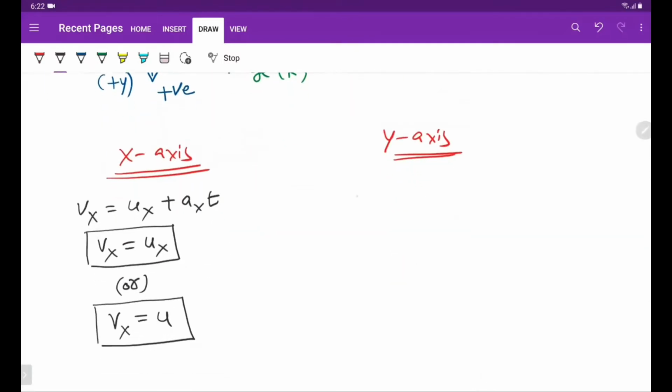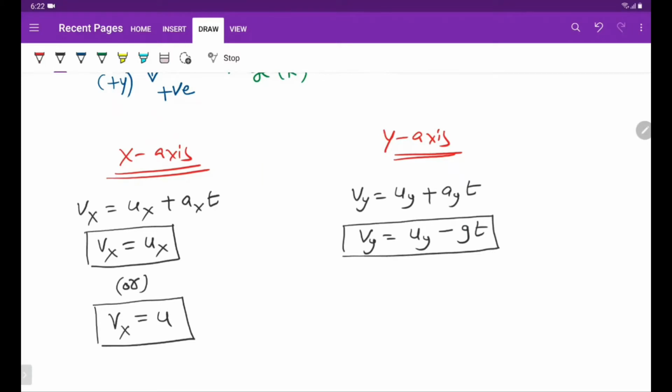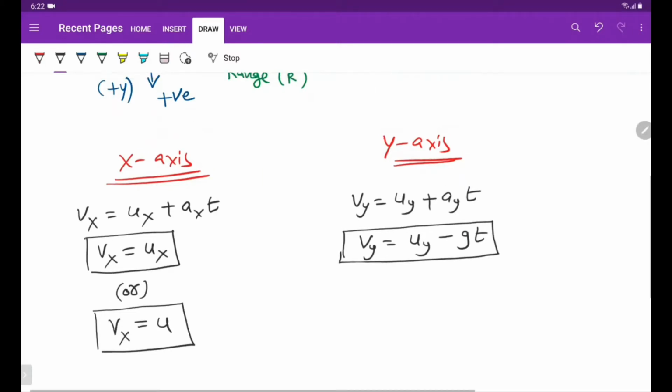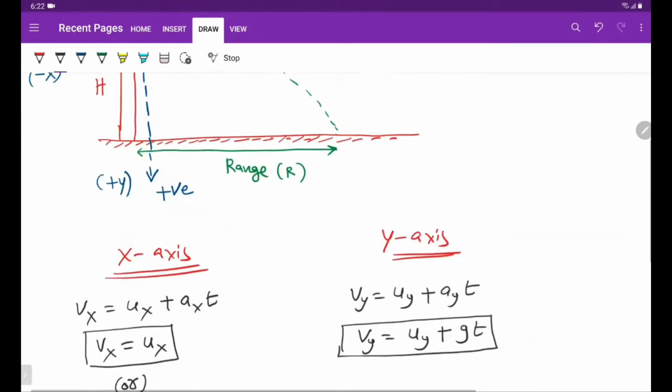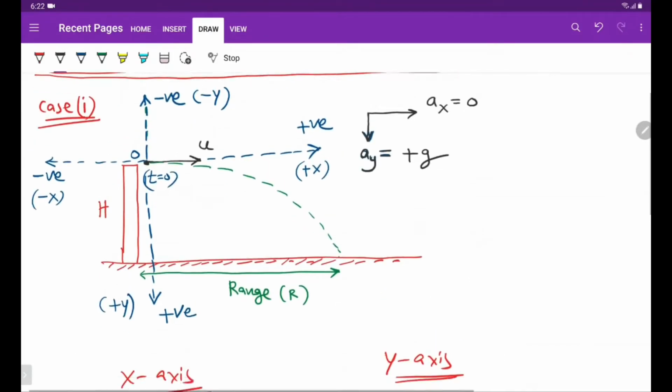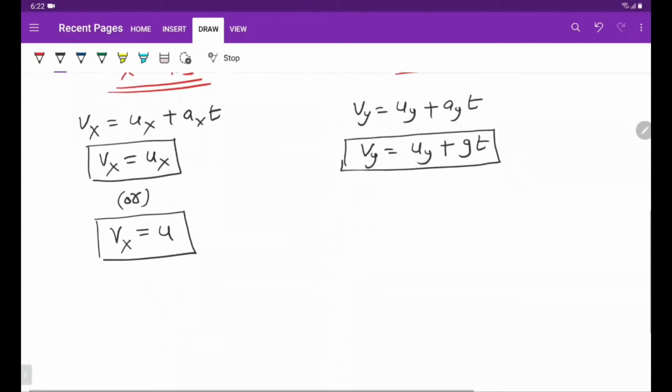Similarly, along the y direction, Vy is equal to Uy plus Ay into t. So we get Vy is equal to Uy plus gt. This is the velocity along the vertical direction. Here g downward is positive, so plus g.